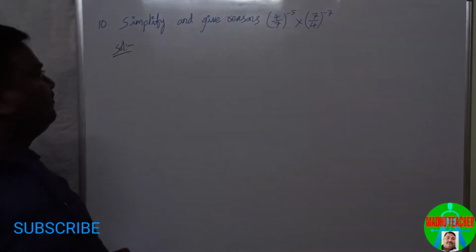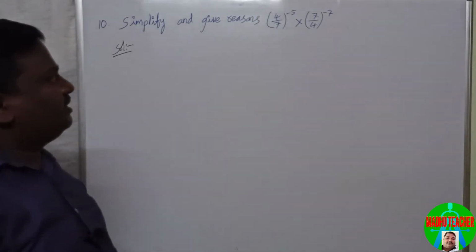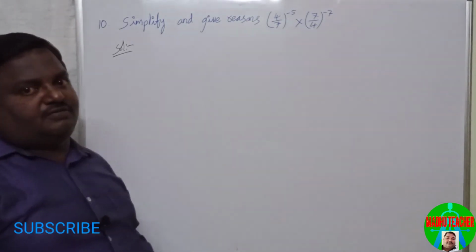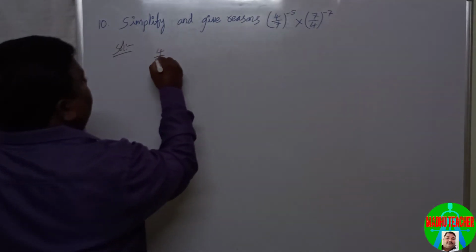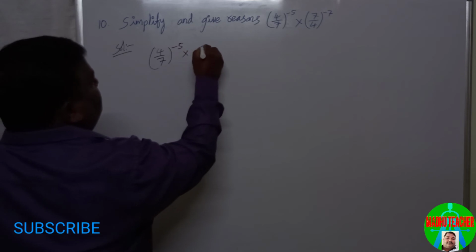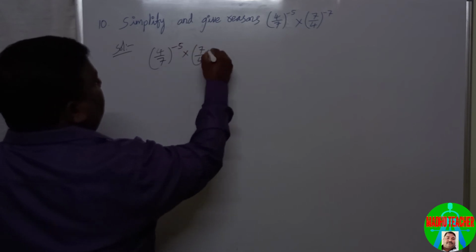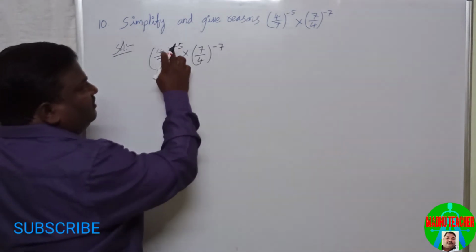Next, 10th one is, okay, 10th one is simplify and give reasons. 4 by 7 whole to the power of minus 5 into 7 by 4 whole to the power of minus 7. So the given one is 4 by 7 whole to the power of minus 5 into 7 by 4 whole to the power of minus 7. We have negative powers.